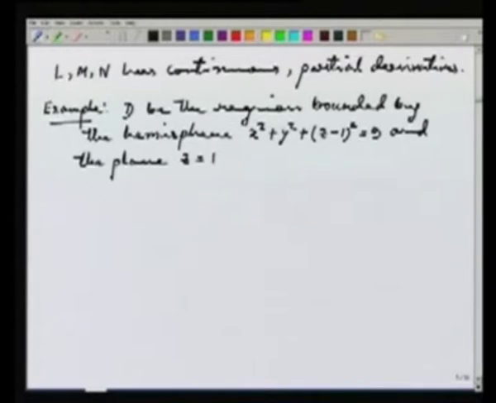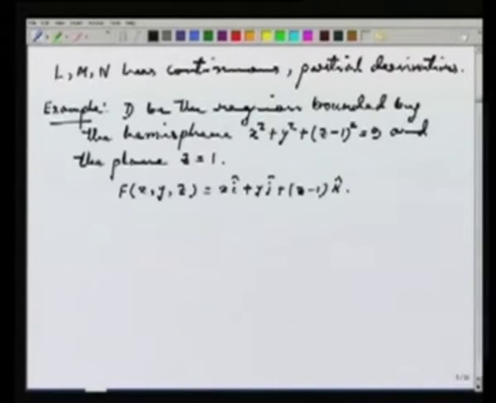Okay. So, we want to verify the divergence theorem for a particular vector field F, which I am going to define now. F(x,y,z) equals xi plus yj plus (z minus 1)k.